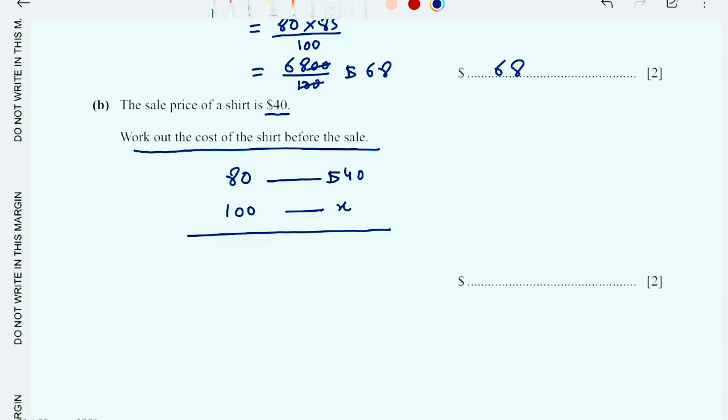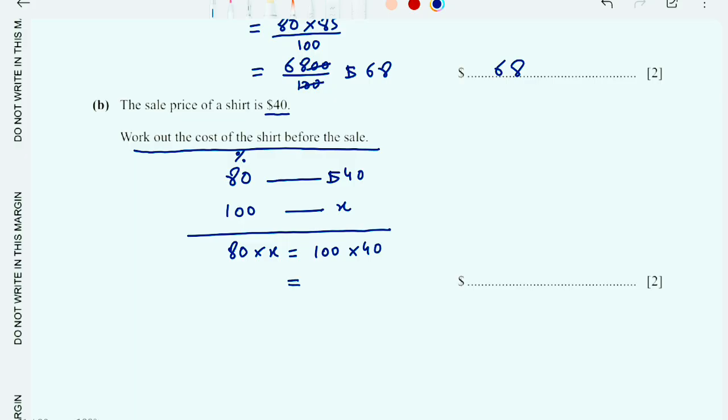As the discount is 20%, so we are going to write 80% here. This is the total price that represents $40. We have to cross multiply. 80 times x is equal to 100 times 40.